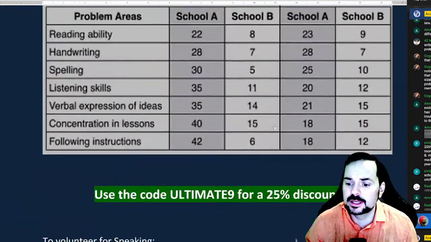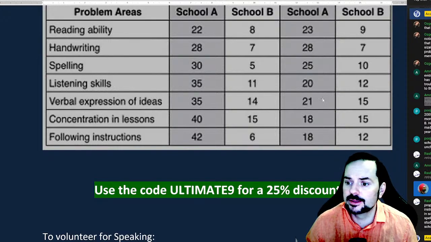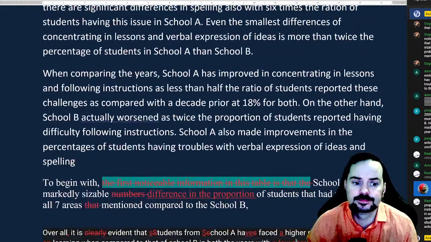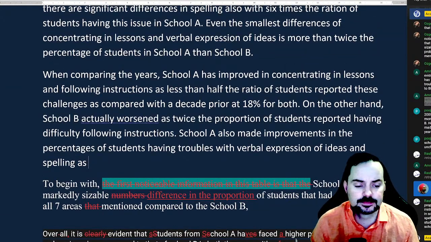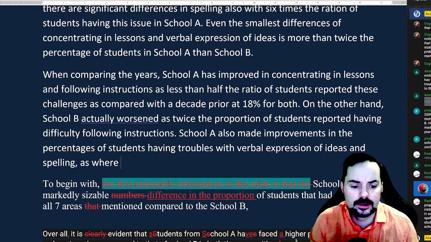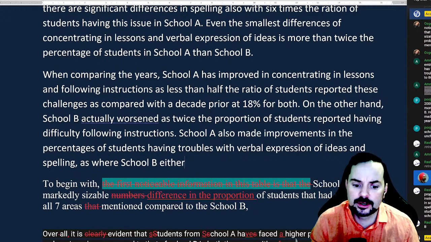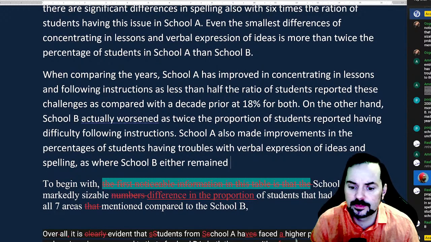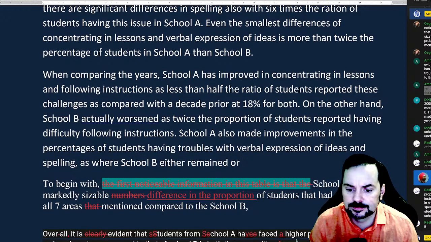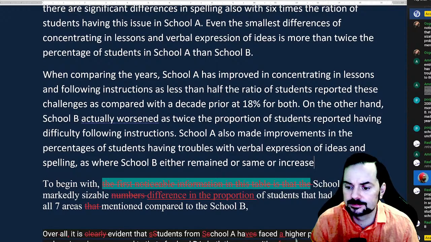As where School B kind of stayed the same, right? I think they didn't change much. In fact, they got worse. As where, again, school B either remain the same or increased in percentage.